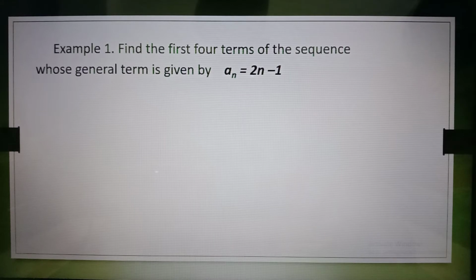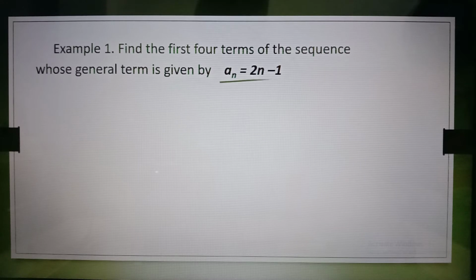Okay. So, ang susunod nating topic ay ang paggawa ng sequence na gagamit tayo ng general term. Halimbawa, find the first four terms of the sequence whose general term is given by a sub n equals 2n minus 1.